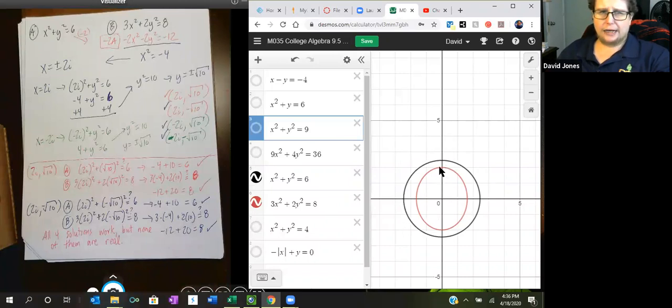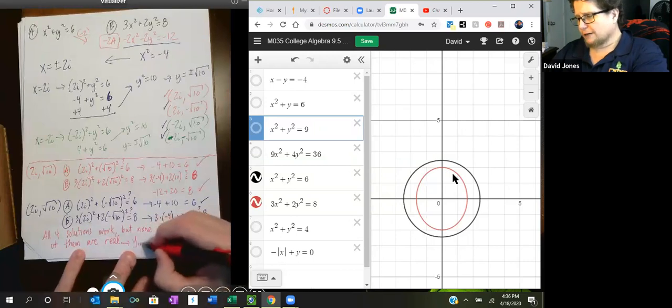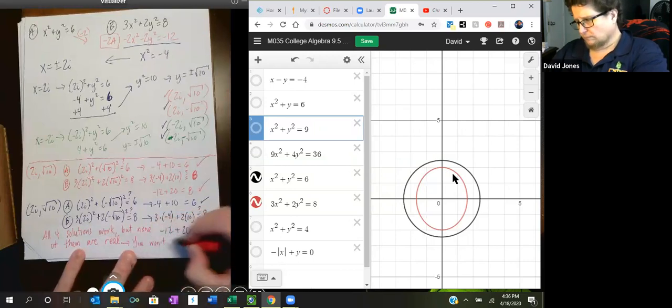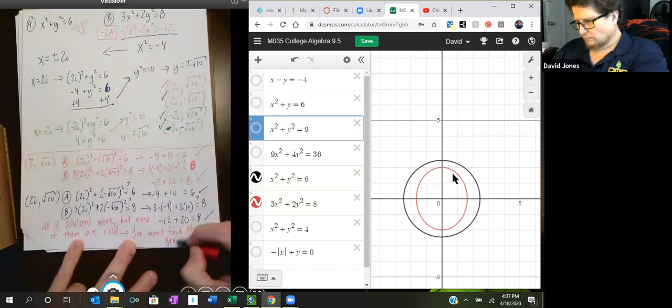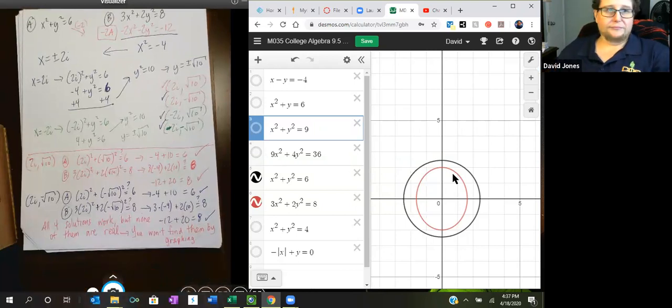When you start looking at complex number theory, though, there are complex solutions that solve both equations. And guess what this means? You won't find them by graphing. Which sucks, right?